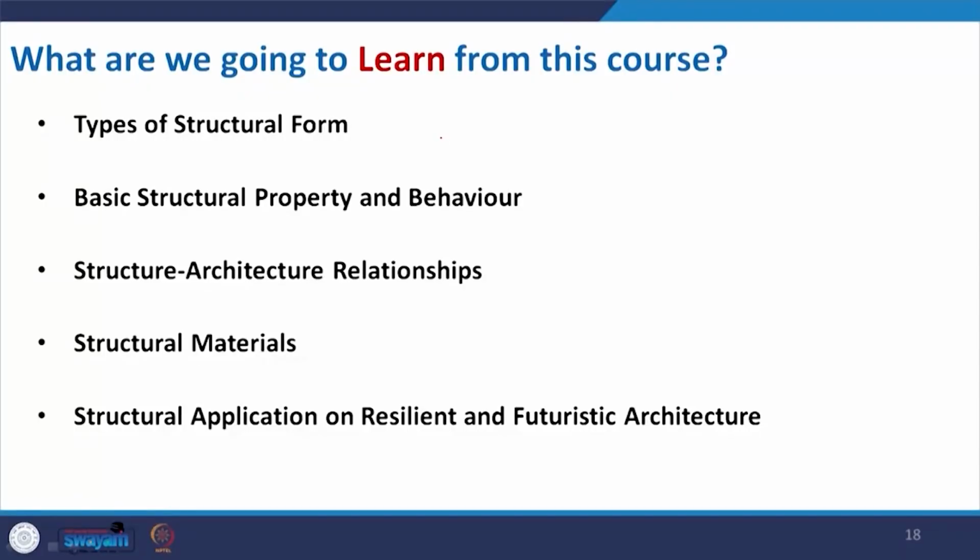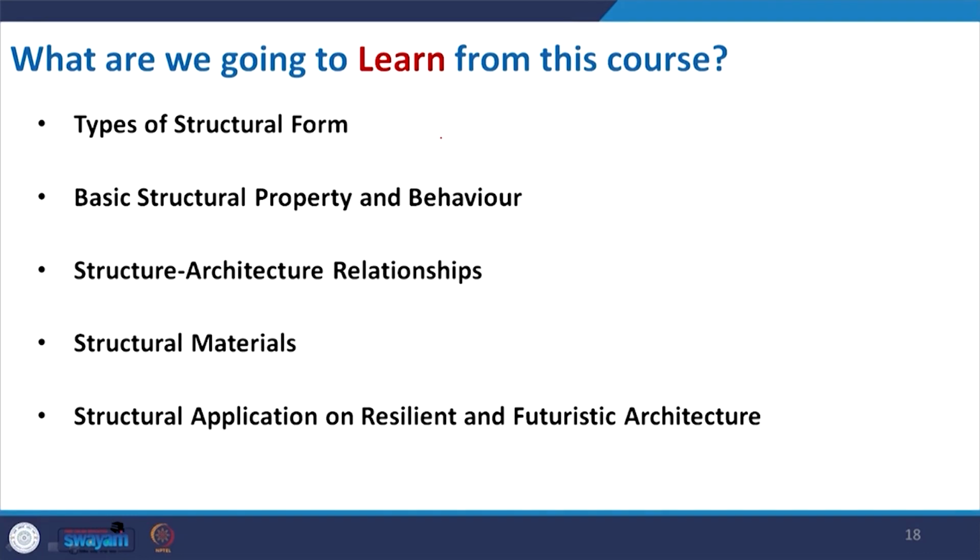Now, coming to this slide, what are we going to learn from this course? In this course we will learn the types of structural form, different forms, and their basic structural properties and behavior, to know where they can be applied and where not. The structure-architecture relationship, how they have been related from the past to recent times.